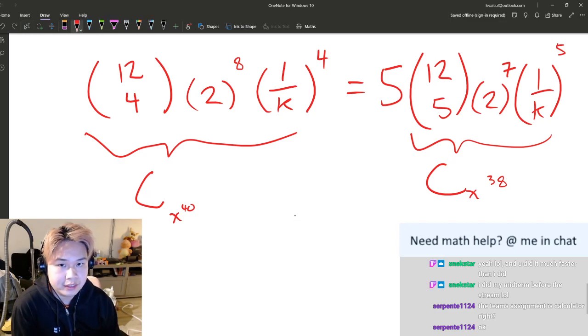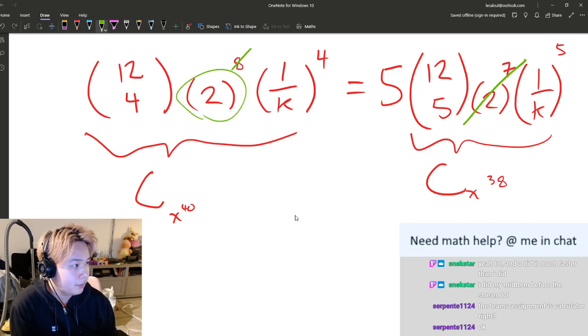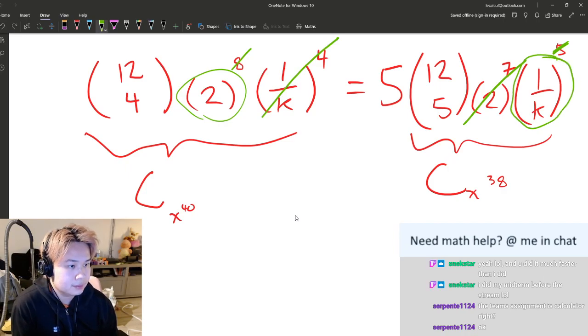And then let's simplify a couple of things. 2 to the power of 8 is going to cancel with 2 to the power of 7, leaving just the power of 2. Likewise, 1 over k to the power of 4 will cancel out with some of the 1 over k to the power of 5, leaving just this.